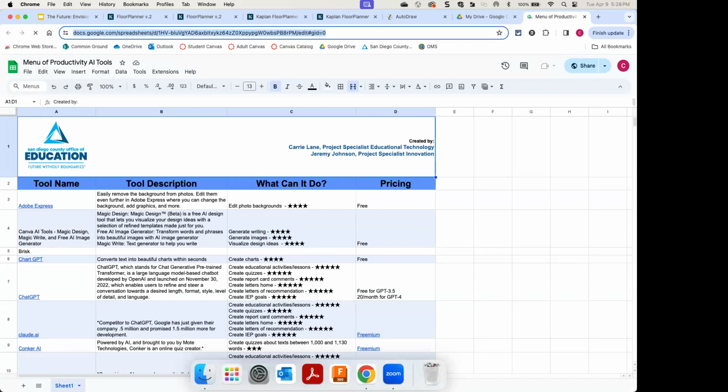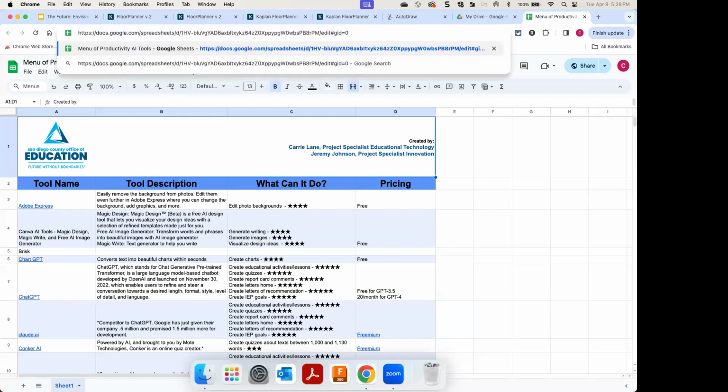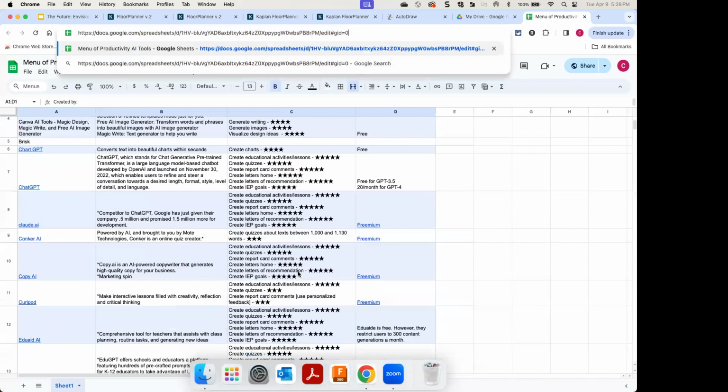So this tool, and you're all welcome to use it. We just went through and we thought about things not necessarily related to accessibility. This was for our productivity and AI training that we did. That's also recorded and on our website. But we went through and we thought about things that teachers generally do, like creating quizzes, letters of rec, IEP goals, report card comments, and we tested some of the tools that were out.